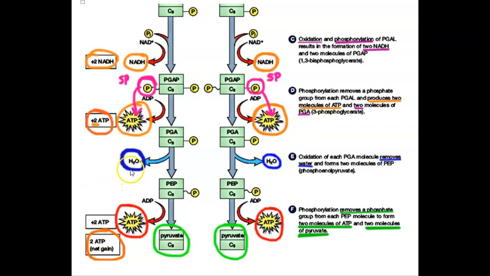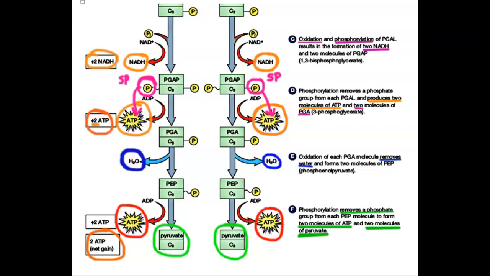In the next step, we're actually going to be making some water here. We're going to be making some more ATPs through substrate phosphorylation. The phosphate comes off, goes on ADP, and becomes ATP. You do not need to know all these details.